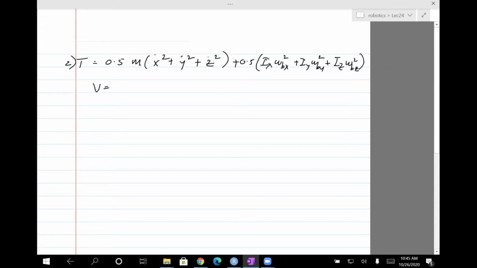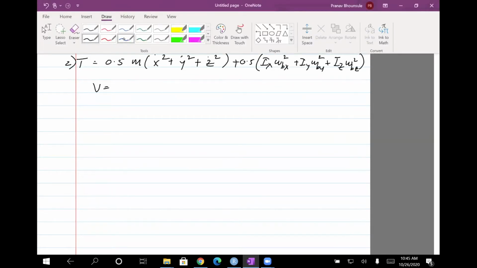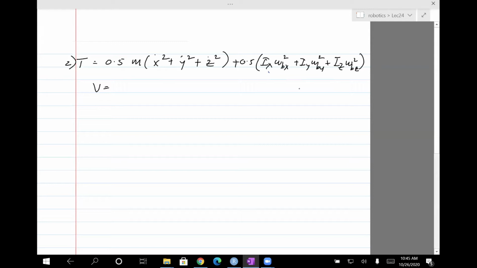Okay, so here the important thing to know is the inertias are expressed in the body frame.